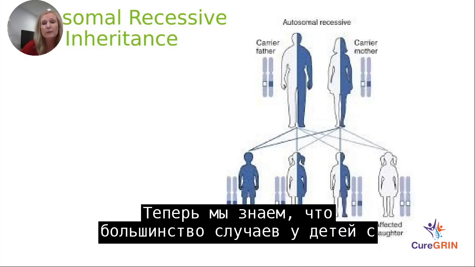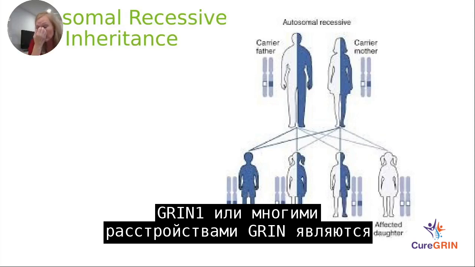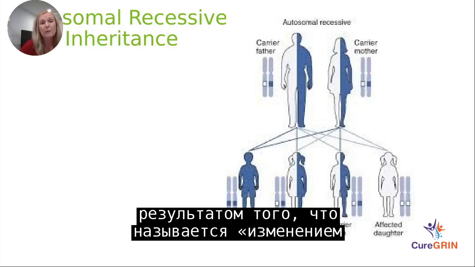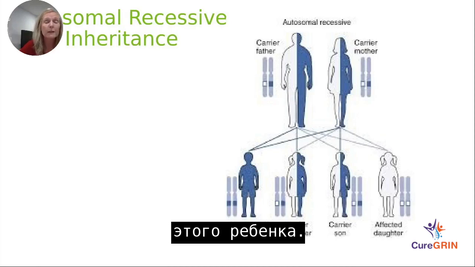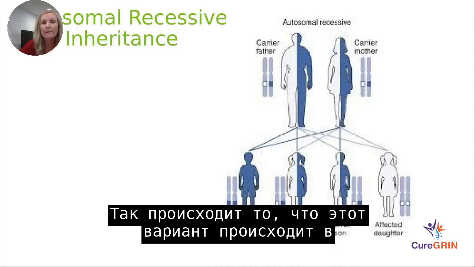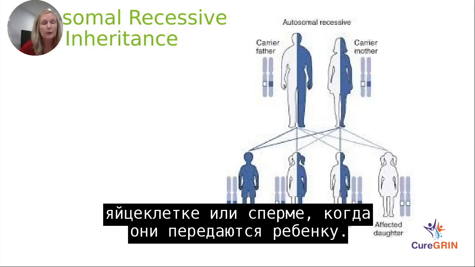Now, we know that most of the cases of children with GRIN1 or many of the GRIN disorders are the result of something called a de novo variant change, meaning that it's new in that child. So what happens there is that the variant happens newly in either the egg or the sperm that is going to be passed on to the child.